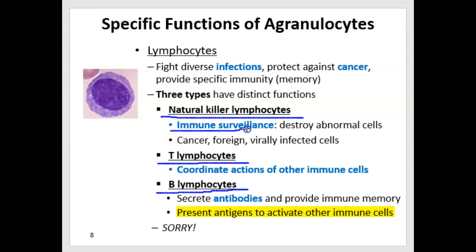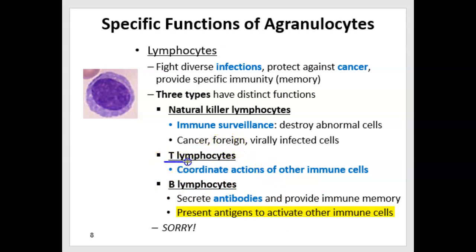They provide immune surveillance because they can destroy any abnormal cells: any cells that have been infected with a foreign substance, any foreign cells that got in, virally infected cells, and cancerous cells. So they actually kill. They can do some damage, which is good, to an infected cell.